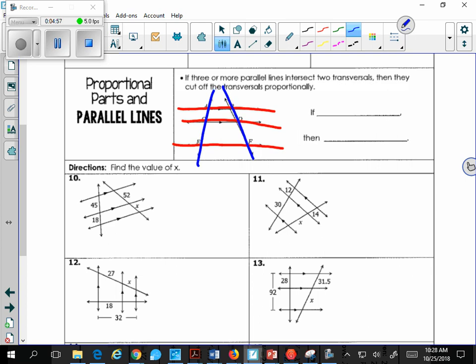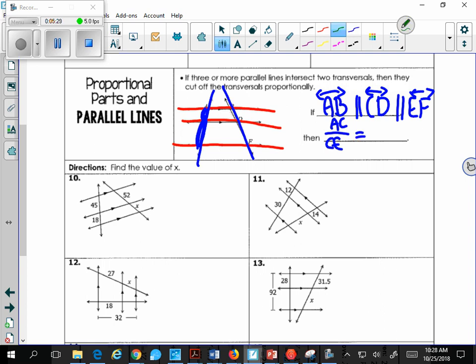What this is saying, and we're going to kind of do what we did in the last example, is if I've got AB parallel to CD and also parallel to EF, then I know that the ratio of AC to CE, which again, this is AC right here, and this is CE right here, is equal to the ratio of BD to DF.